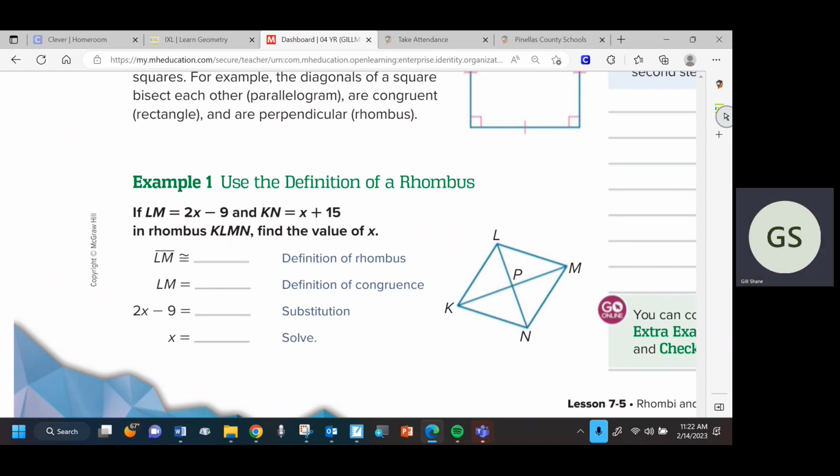LM equals 2x subtract 9, KN equals x plus 15. Those are line segments. That's the first thing you need to make sure you remember: we are talking about segments. There's no degree symbol. I'm still getting people confusing the length of something versus the measure of angles.